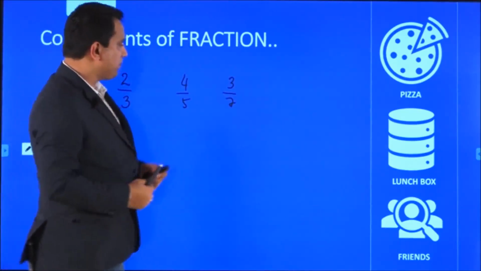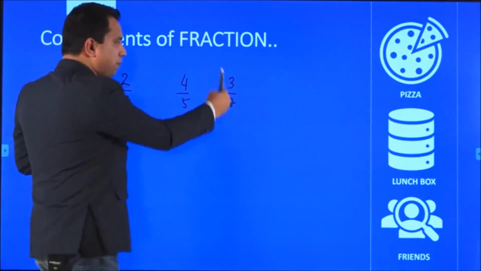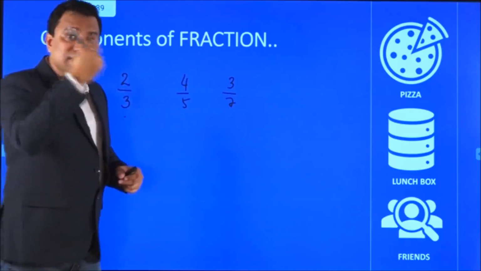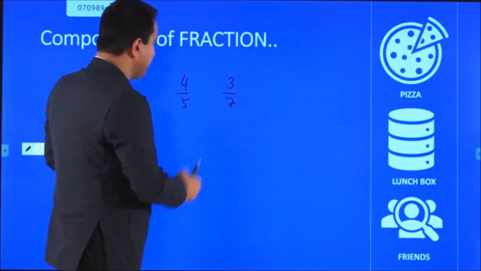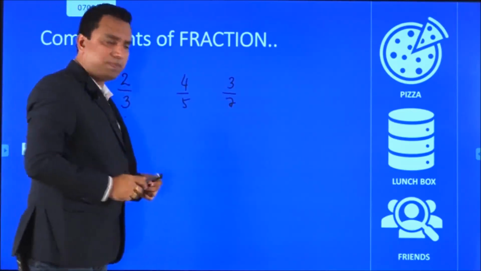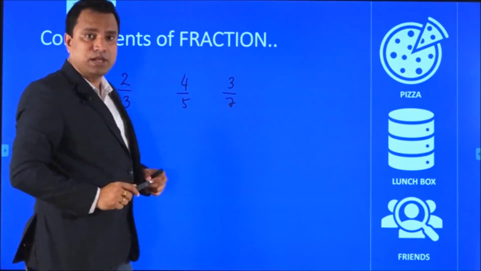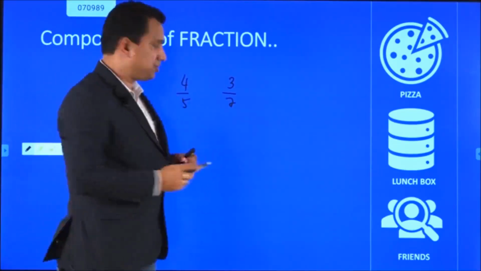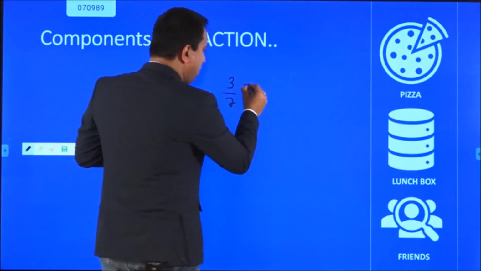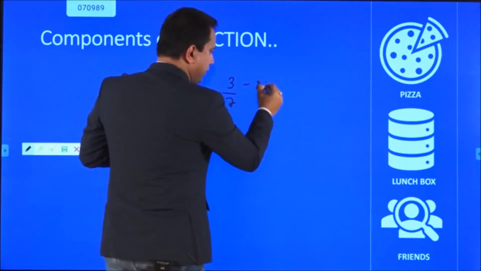So now we all understand that there are 2 components that we are talking about here. There are 2 numbers. There is a number 3 on the top, and a number 7 at the bottom. So these are the 2 components of the fraction. The top number is called the numerator.